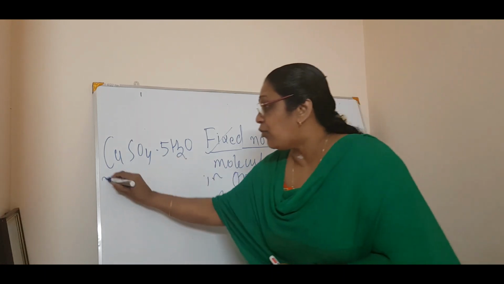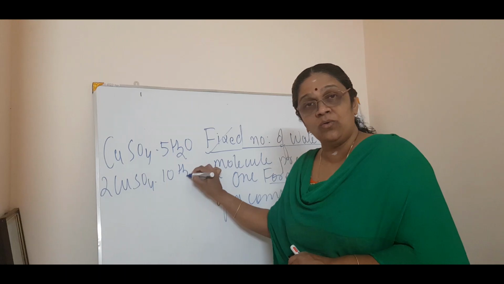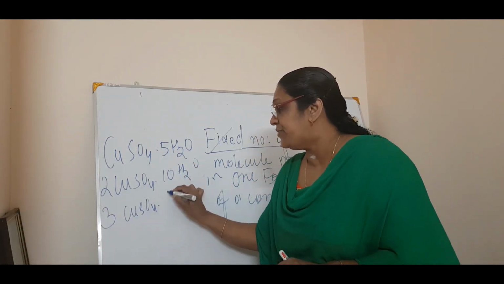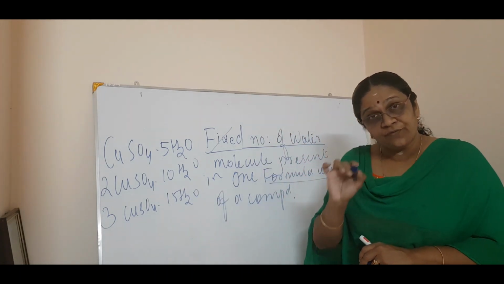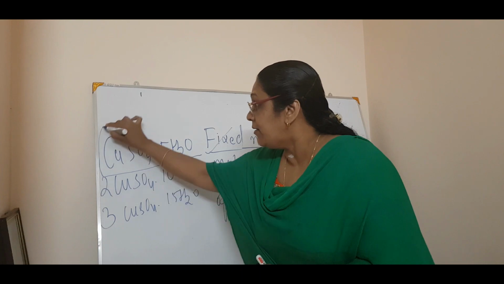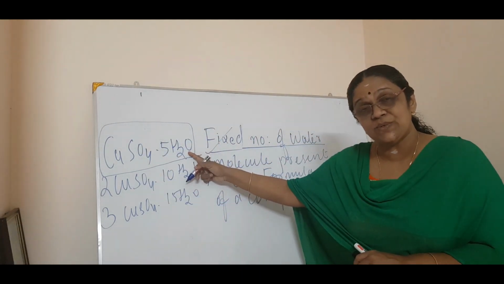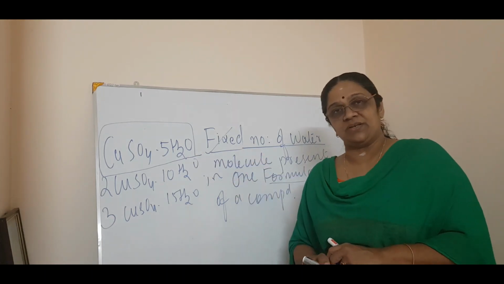In that case, what about 2 copper sulfate? 10 H2O. Correct. Now what about 3 copper sulfate? 3 copper sulfate is 15 H2O. Okay. Now, what does water of crystallization mean? In one formula unit, the fixed number of water molecules that are there, that you call water of crystallization.